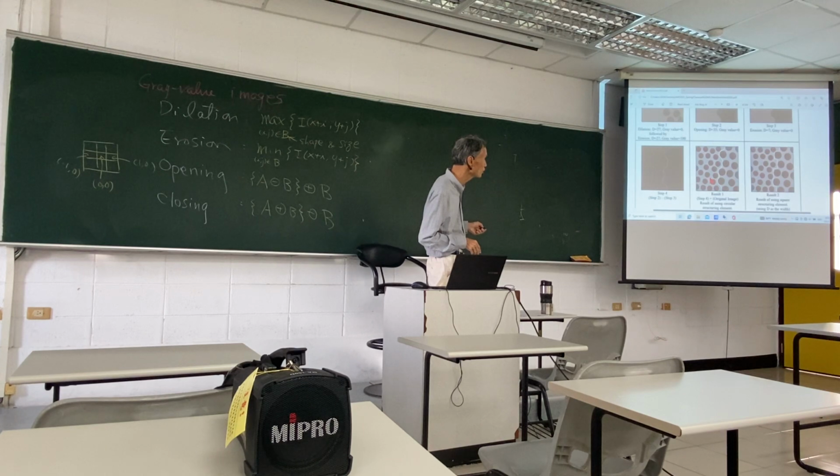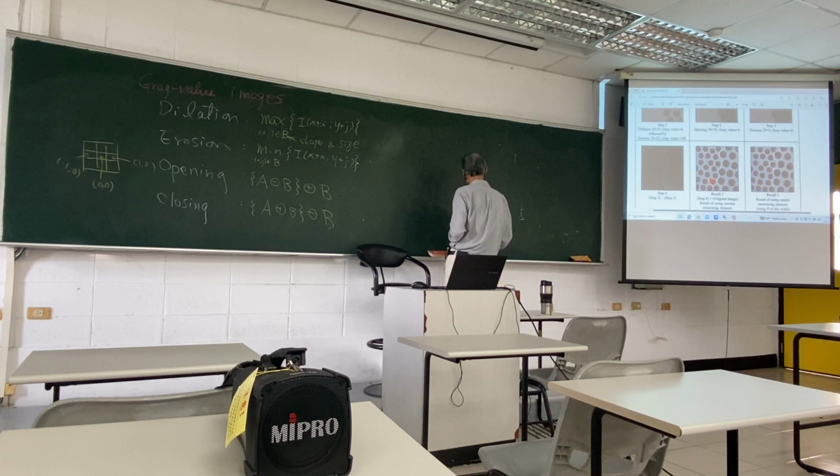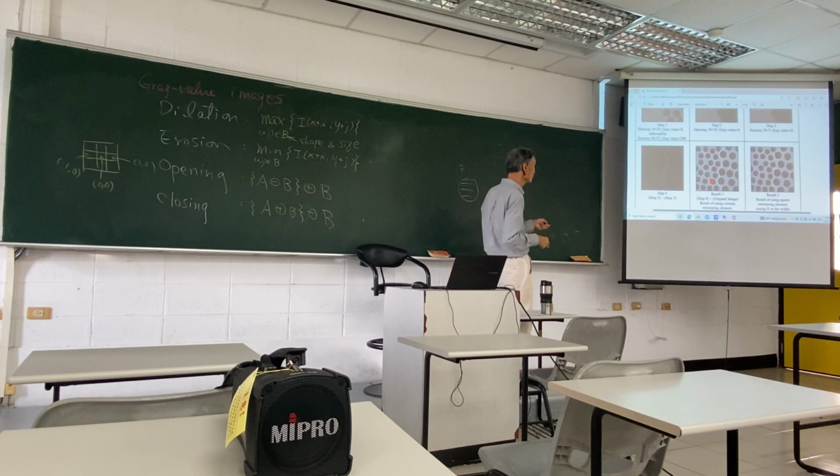It also shows you the region, or the boundary, obtained by using a square structuring element. For this one, the structuring element is a circle, but for the result here, it becomes a square.